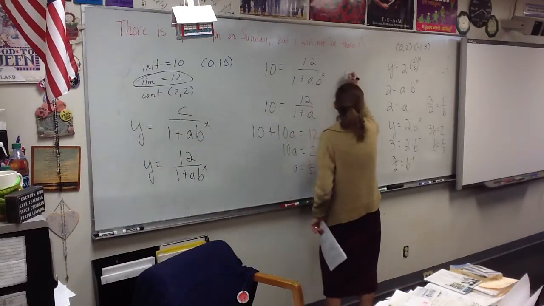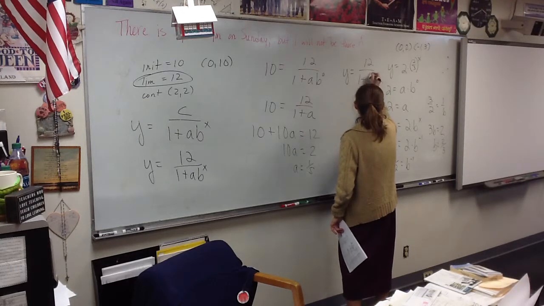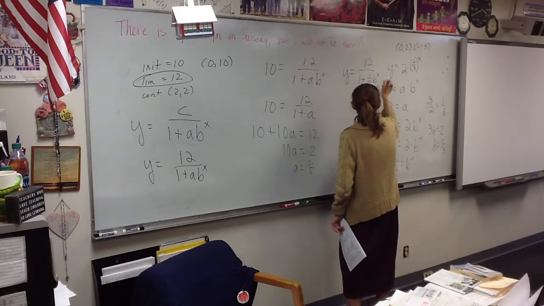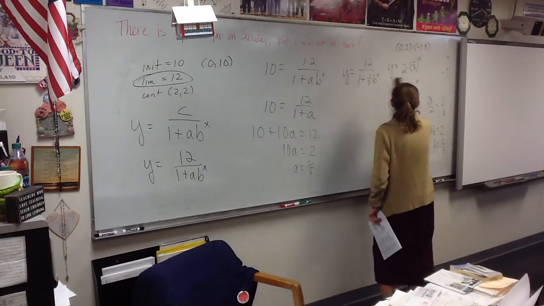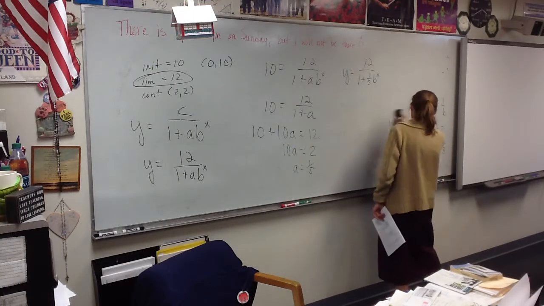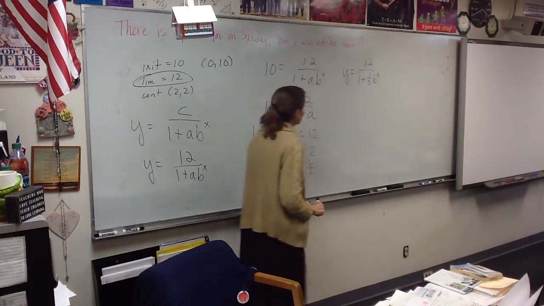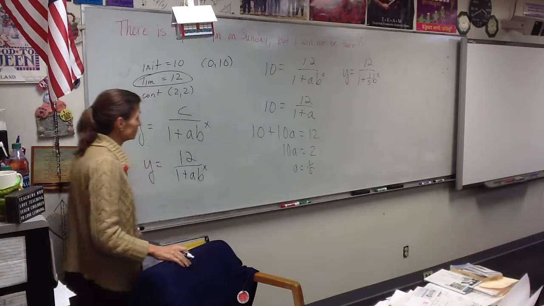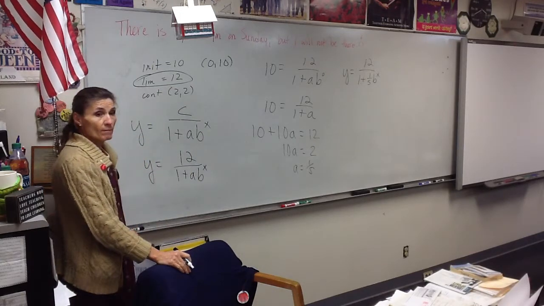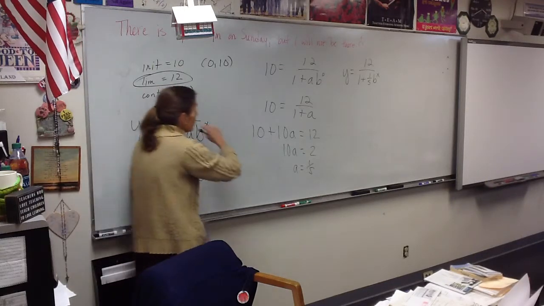So now we've got y equals 12 over 1 plus 1/5 b to the x, if I plug in everything I've figured out so far. Now what do I do? Plug in the last thing I have, which is the point 2, 12.